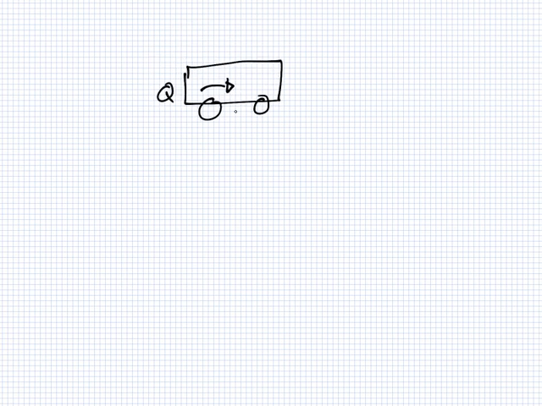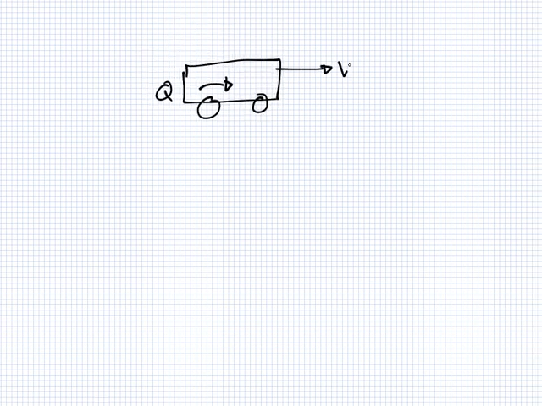So you have the engine, and Q energy goes in from the coal, and as a result the engine does W of work, and there's an increase of internal energy. The formula we know is the increase in internal energy is equal to Q minus W.